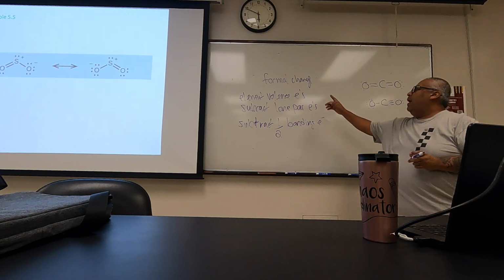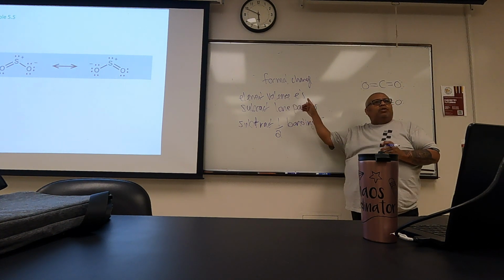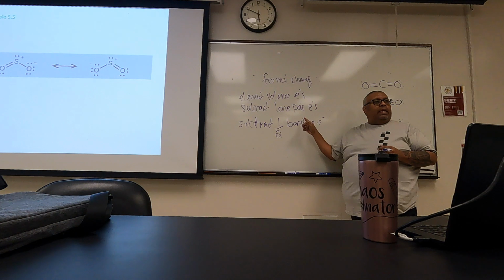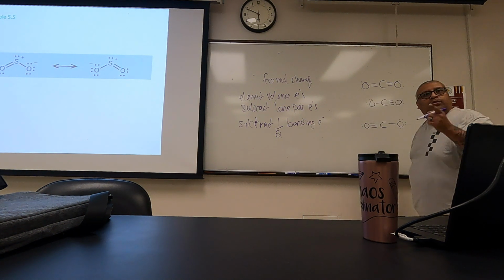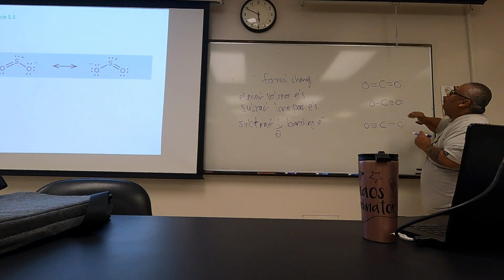So you take the number of the element's valence electrons, you subtract the lone pair electrons, and you subtract half the bonding electrons.